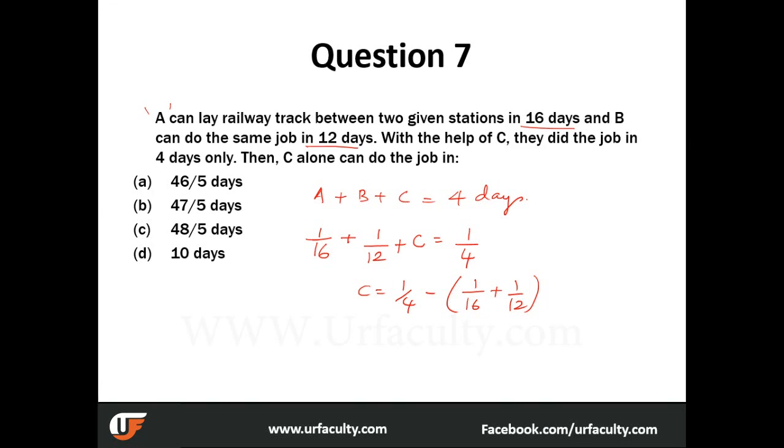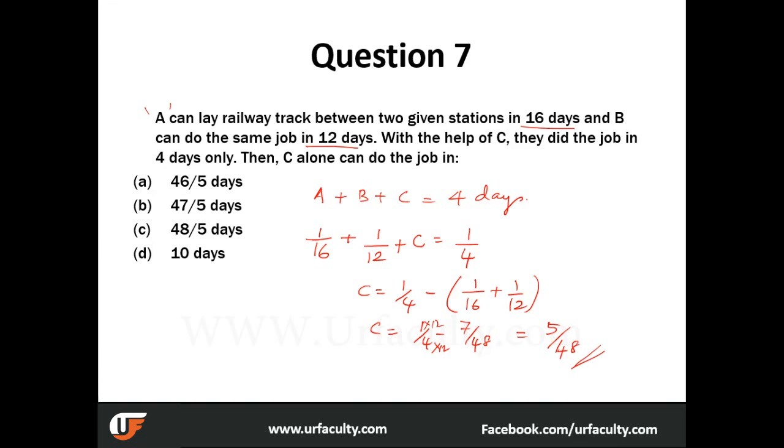Okay, so 48 is the common thing. So 3 plus 4, 7/48. 1/4 minus 7/48, and that will give us 5/48. 12 minus 7, you got to multiply here by 12, here by 12 to bring the denominator same, so it's 5/48.